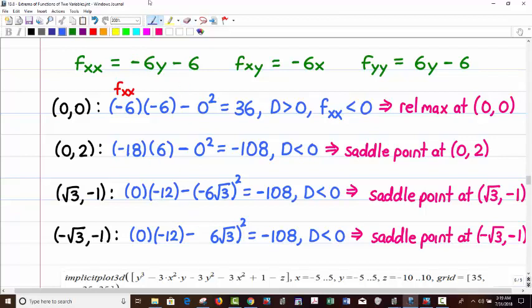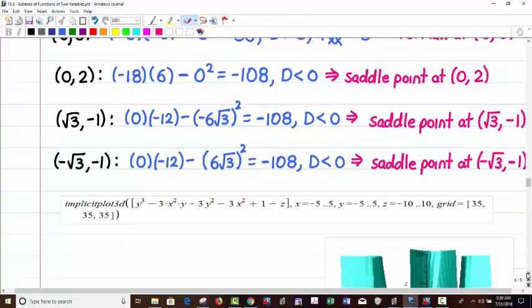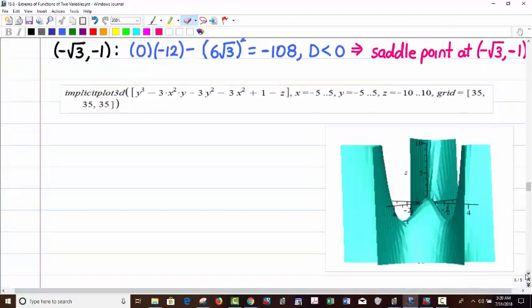So let's take a look at the picture and see what it looks like. Okay, let's scroll down here. Well, I didn't rotate this around, but you just have to imagine it's there.